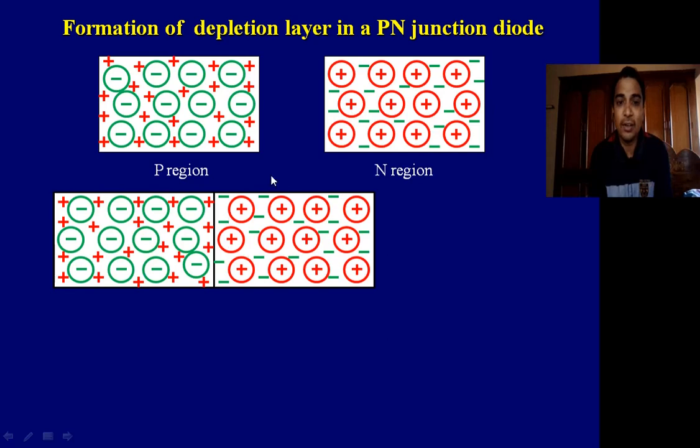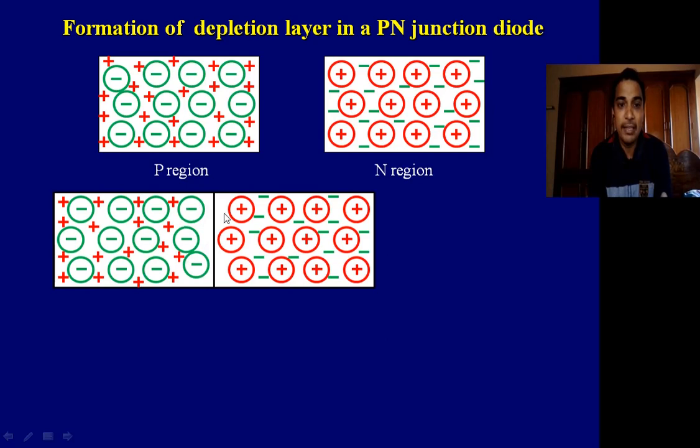Obviously the electrons from the n side will try to move towards the p side, and there will be recombination. So some part of the electrons went away and recombined on this side.